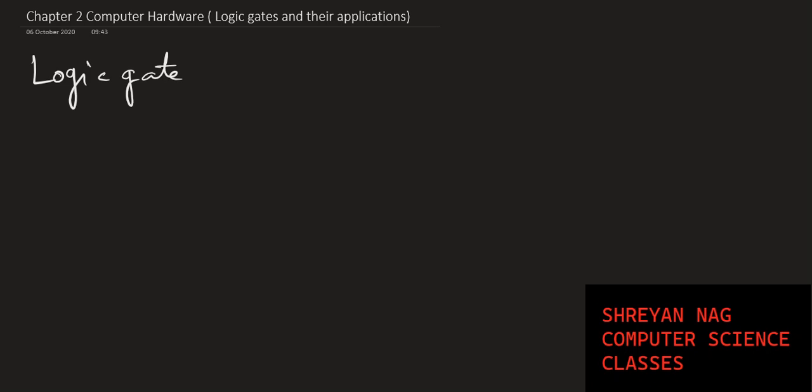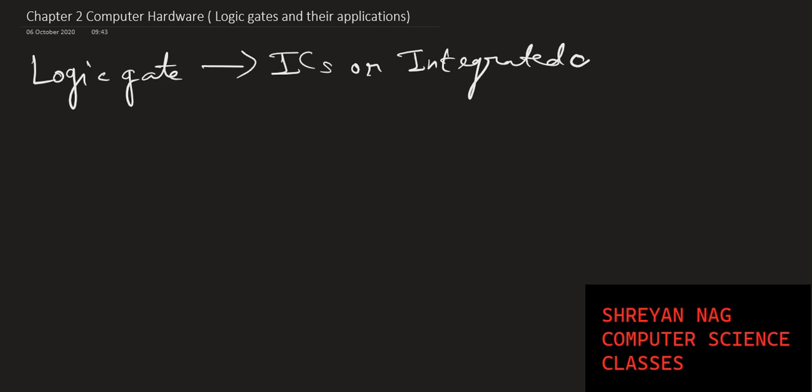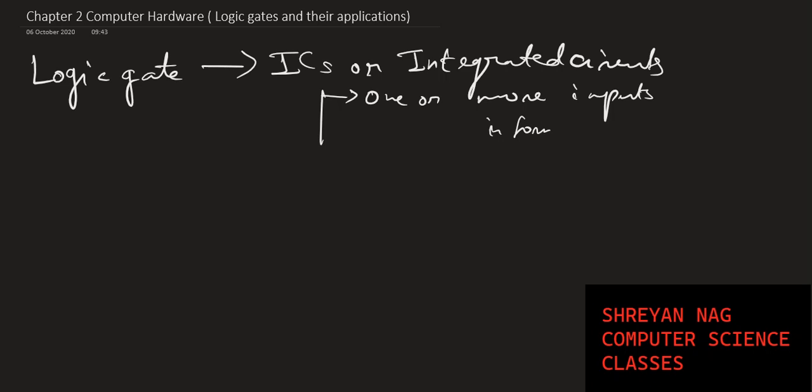A logic gate is made up of ICs or integrated circuits, which accept one or more inputs in the form of signals and give out the output based on specifications.